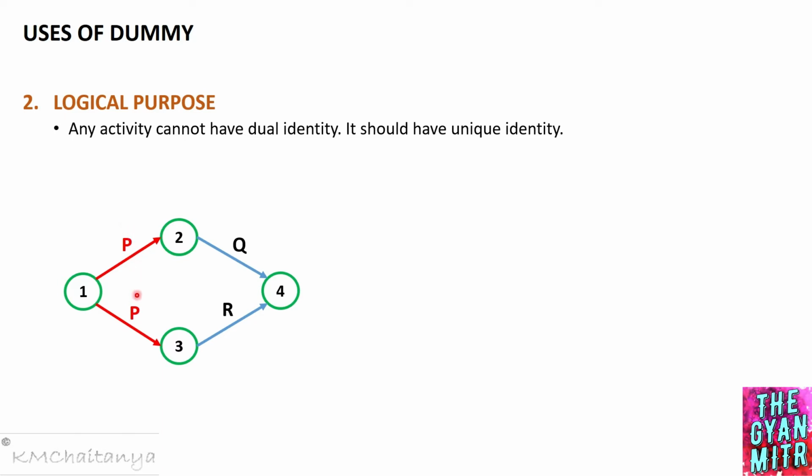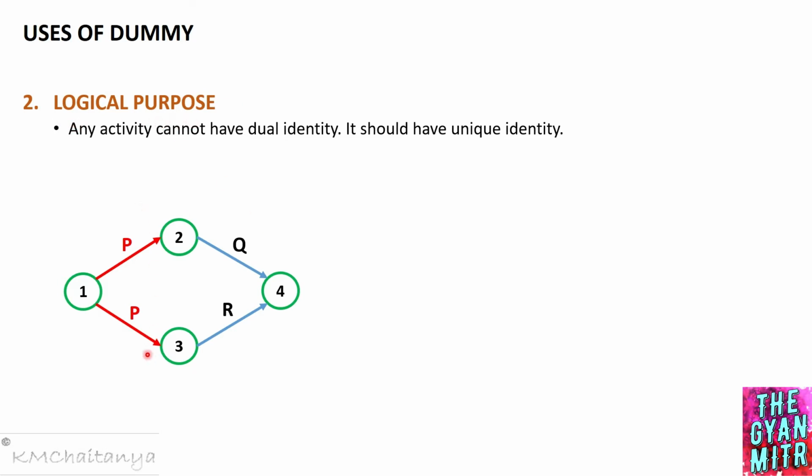In order to avoid this, you might wonder why we can't have just one single activity P, and then through that split it as Q and R. Yes, we do have that option, but this is a general example I have taken in order to tell you that we cannot have two activities with a common name. We'll have a detailed example wherein you will understand much more clearly the exact logic behind this logical purpose, or the use of this dummy.